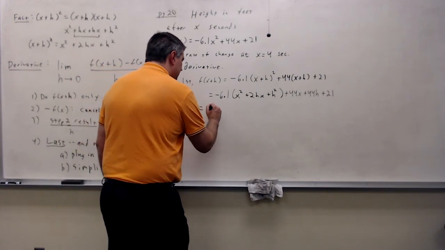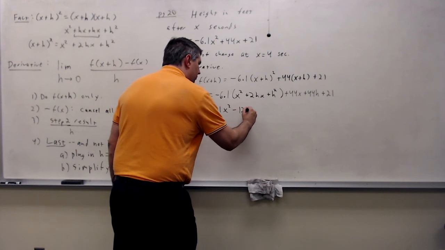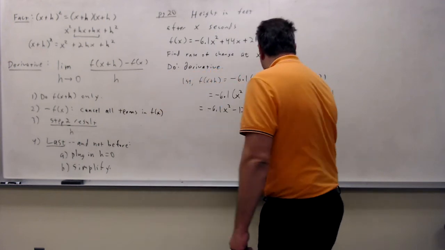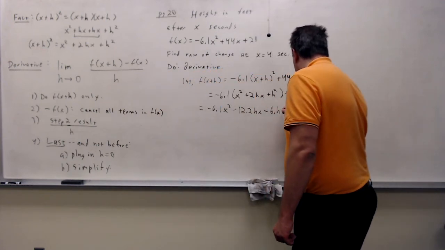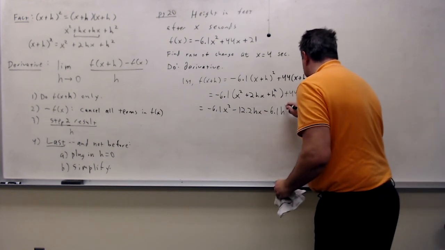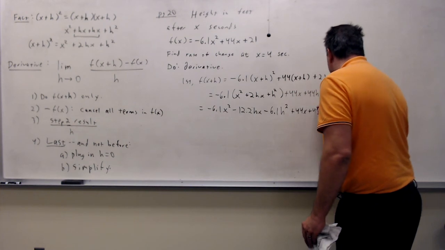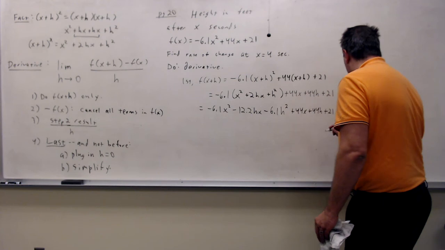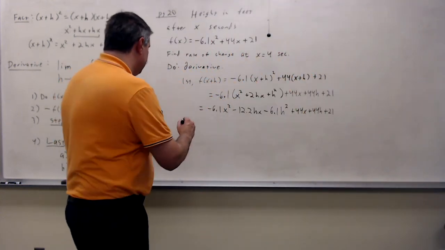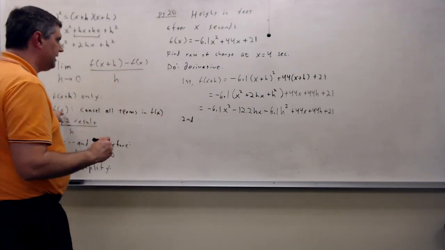So that gives me negative 6.1x squared minus 12.2hx minus 6.1h squared plus 44x plus 44h plus 21. Having finished f of x plus h, now I will subtract the original f of x.